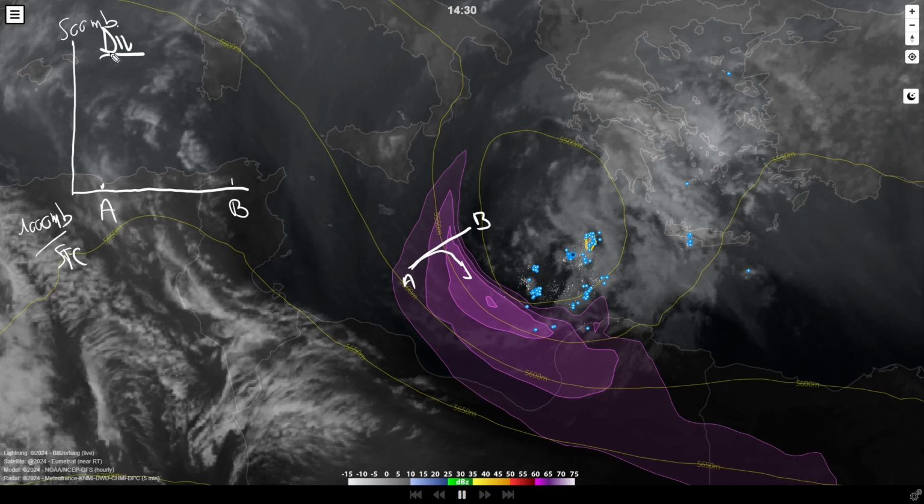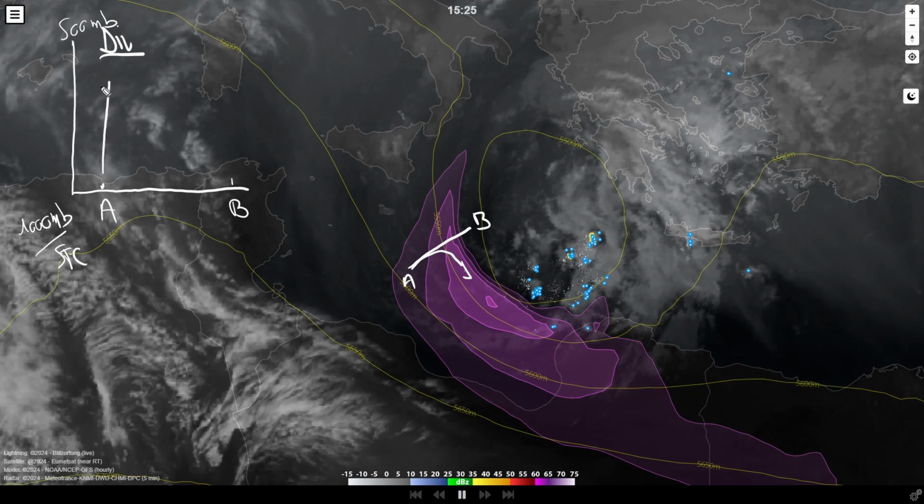Now, this diverging airflow sets up a whole avalanche of motions within the atmosphere. These motions are as follows. Since there's air disappearing and diverging here, there's air filling that up from the ground, meaning that at point A, at the surface, there's vertical motion trying to replace this air.